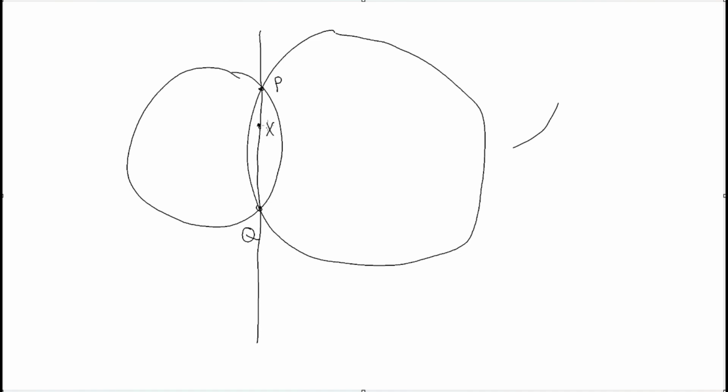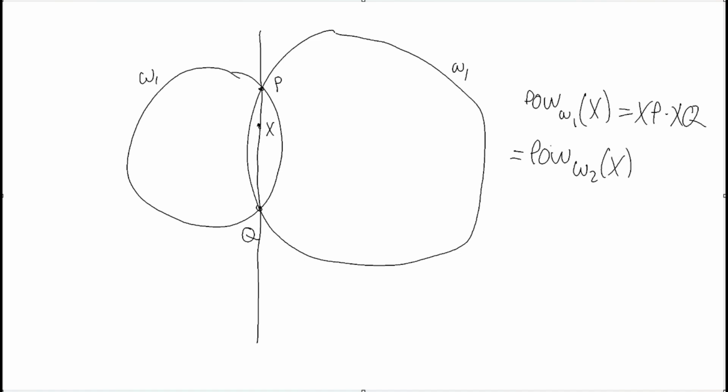So we have a point X here. This is omega 1, this is omega 2, then the power with respect to omega 1 of X is equal to XP times XQ. But this is also the same as the power with respect to omega 2 of X.